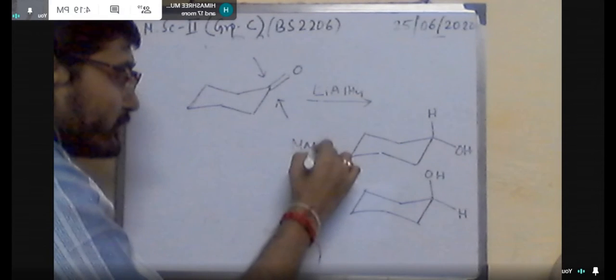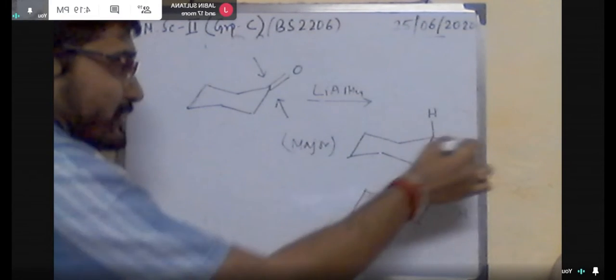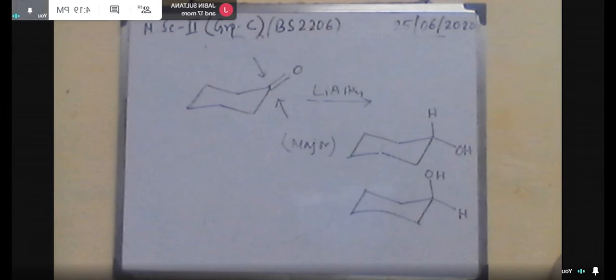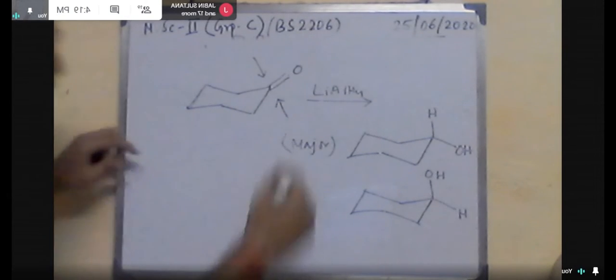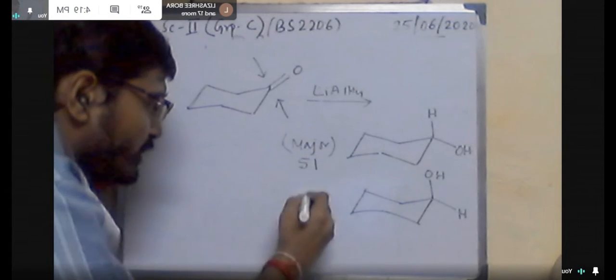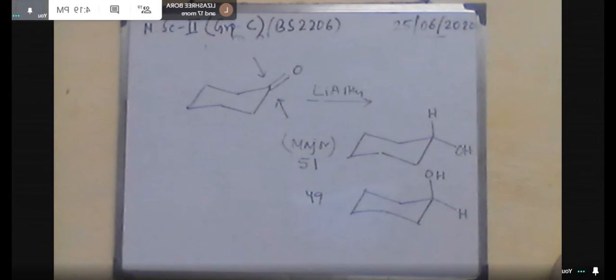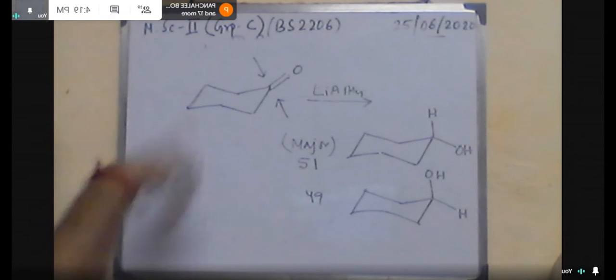So we will apply two different types of reagents. One is lithium aluminum hydride, which is the sterically less bulky, or we can use lithium aluminum tri-tertiary butoxy hydride.